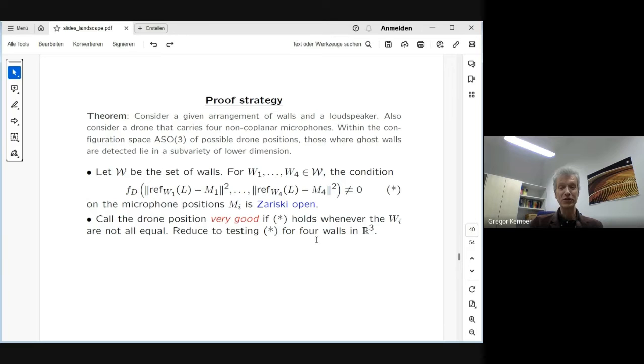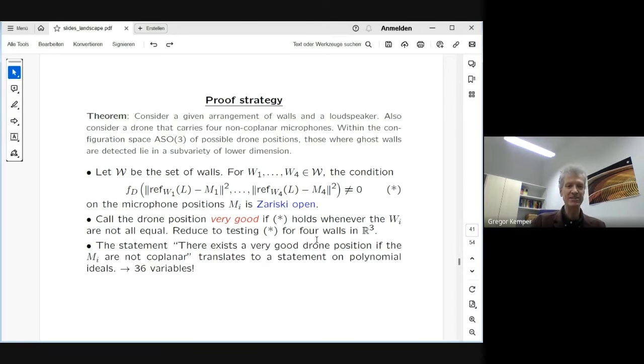But very good is good enough for us, in the sense that we could prove that there always exists a very good drone position if the microphones are not in a coplanar position, which we assume they are not. Okay, so we can prove that there always exists one, and then because of the Zariski openness, you take the union of finitely many Zariski open subsets. It's still Zariski open. Therefore, if it's non-empty, it's dense. Right?